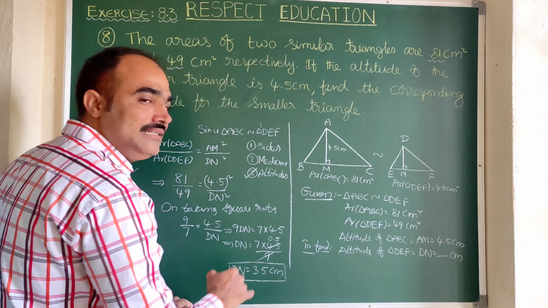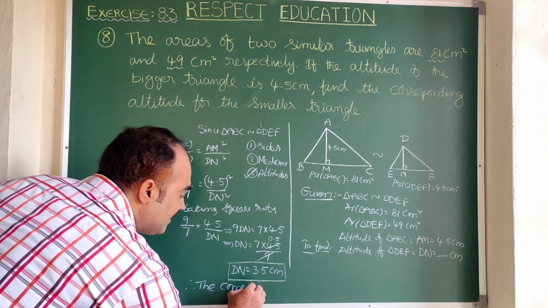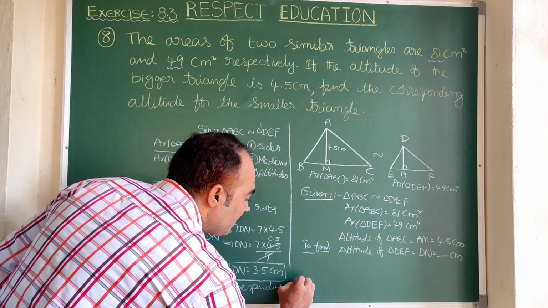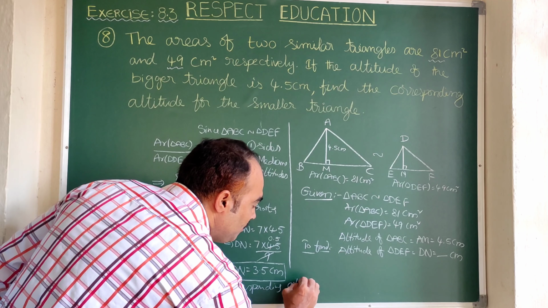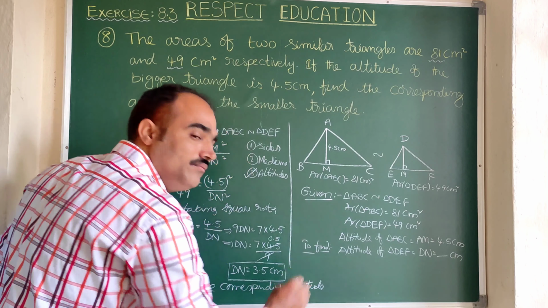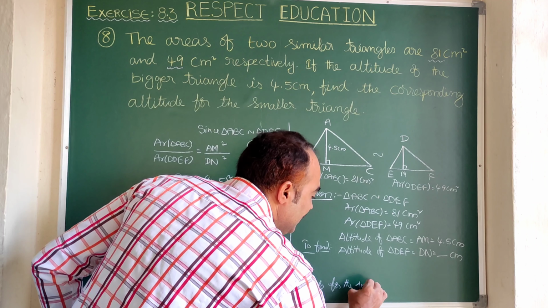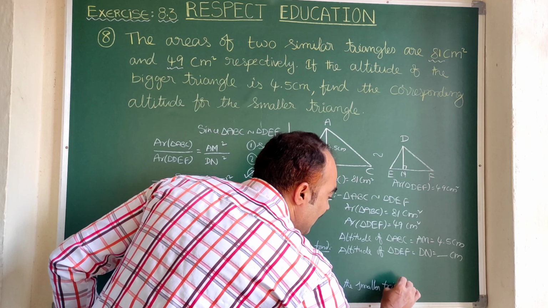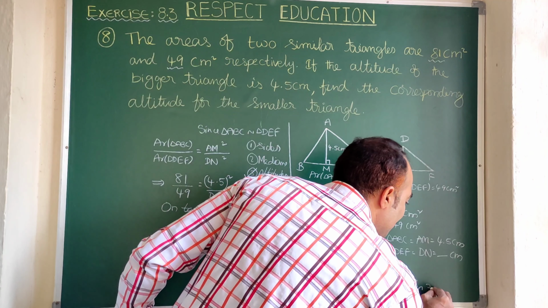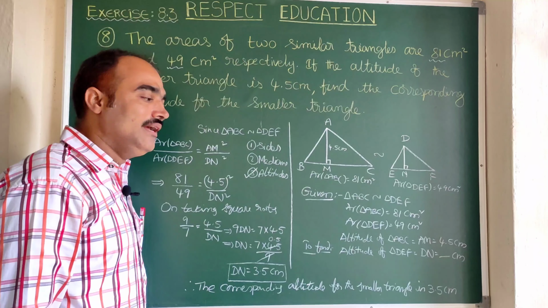Therefore the corresponding altitude for the smaller triangle is nothing but DN, that is 3.5 centimeter. So the required answer is 3.5 centimeter. With this, problem 8 gets completed.